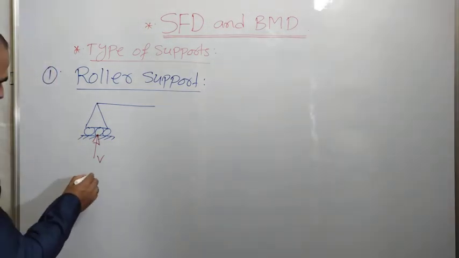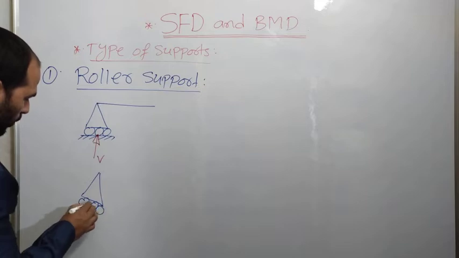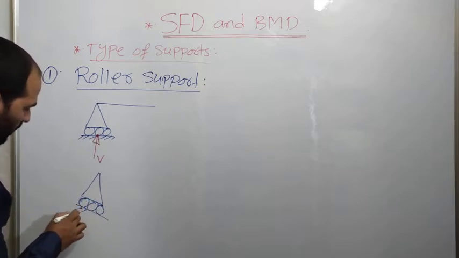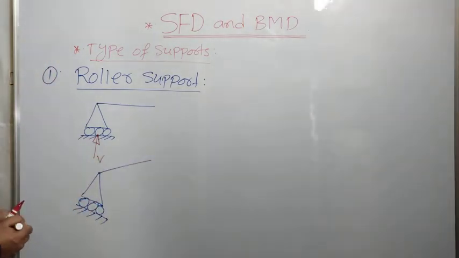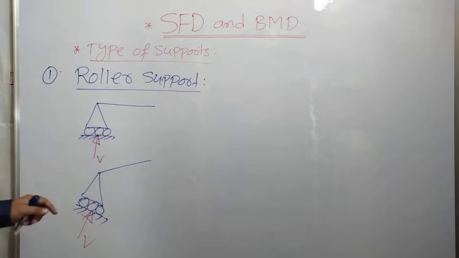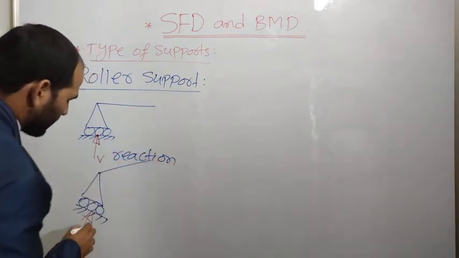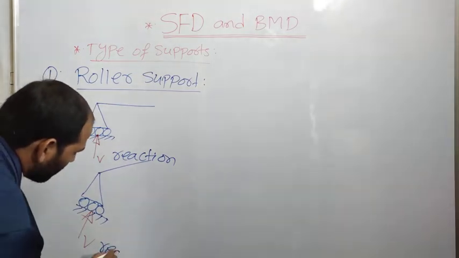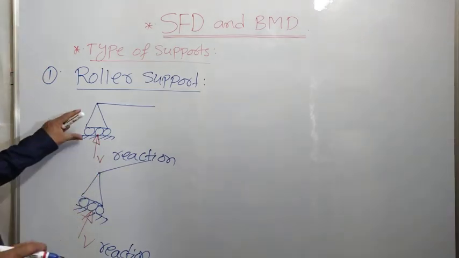If you consider one more roller support, for this roller support also only the vertical reaction develops. So for this support one reaction and for this support one reaction.